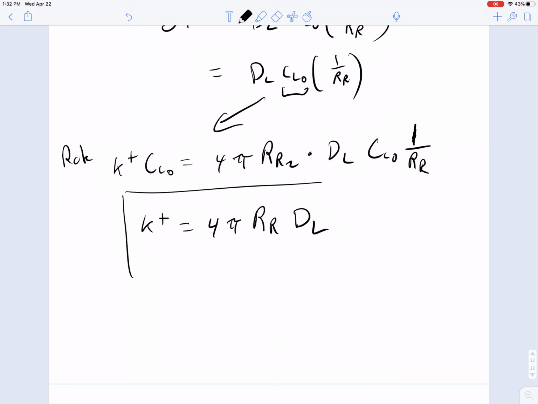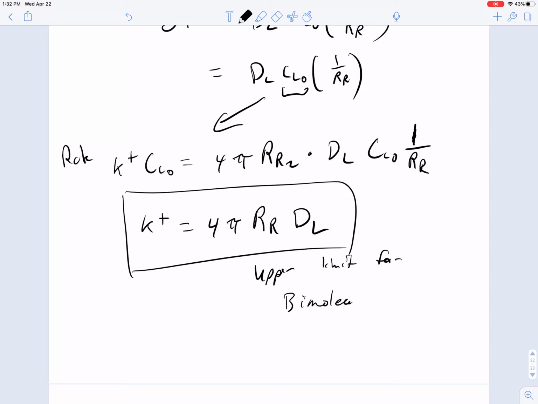This is, right here, the upper limit for bimolecular interactions. It's incredible how often this upper limit is approached or even attempted to be bypassed in simulations and models.